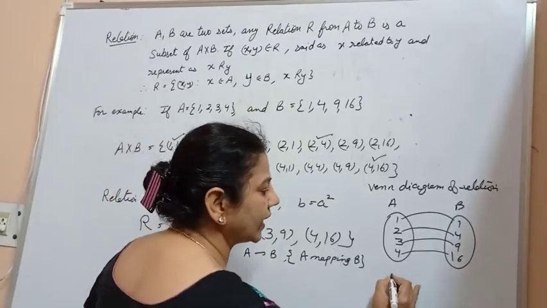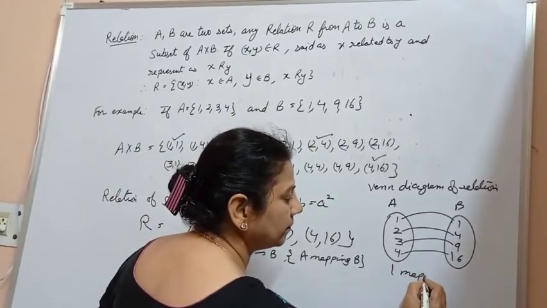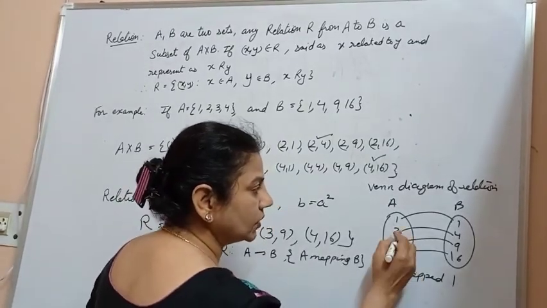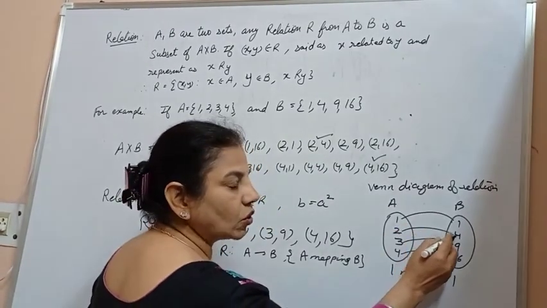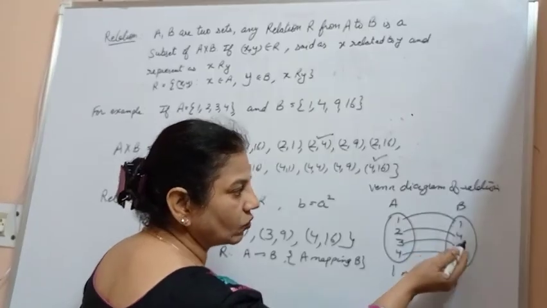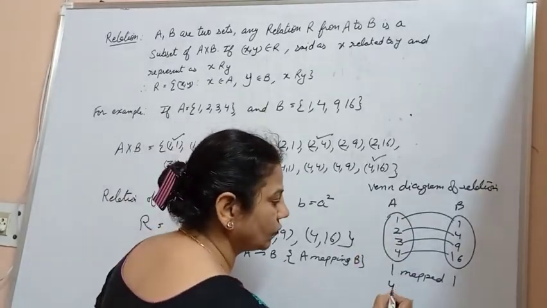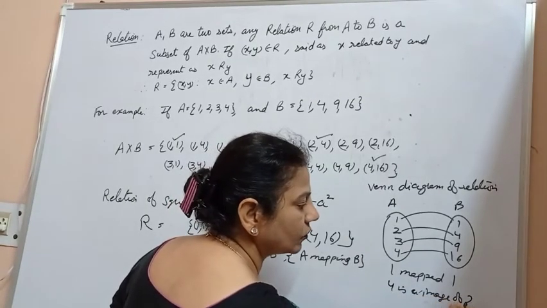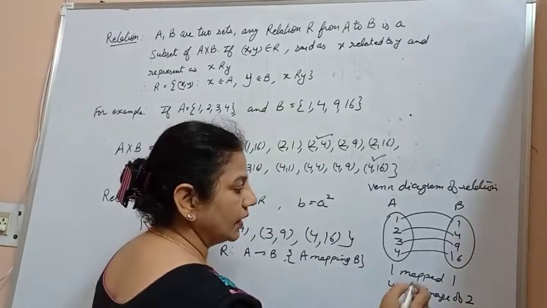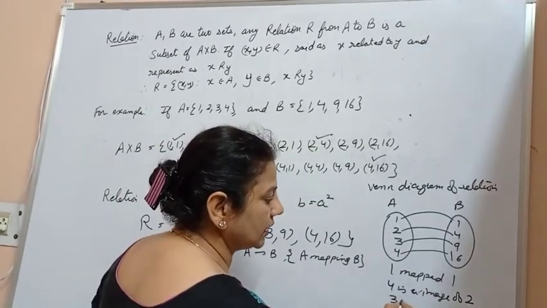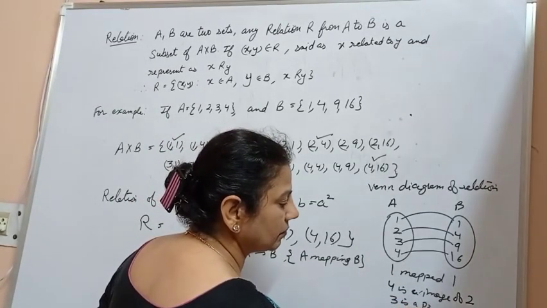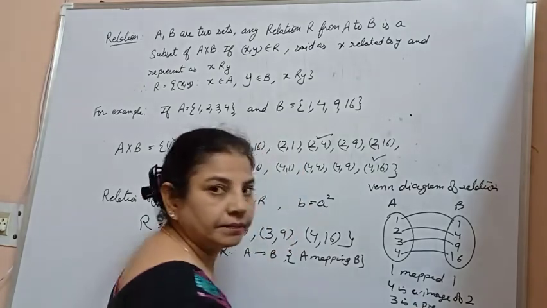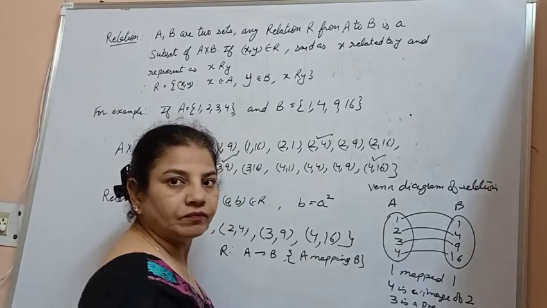So we read it as 1 mapped with 1. We can say that 2 is a pre-image of 4, or you can say 4 is an image of 2. And say 3 is a pre-image of 9.